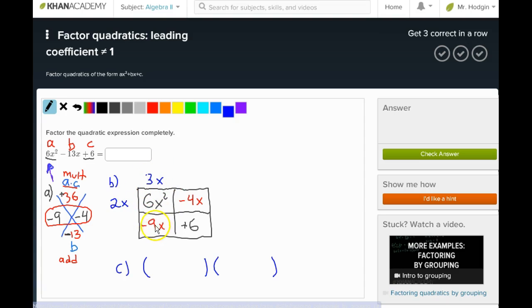So now we can do what's the biggest number that 9 and 6 have in common. And you come up with 3. And also 3x times 3 almost equals negative 9, so I need to make this a negative 3 to make it true. So that's why I check everything to make sure it's accurate. So 3x times negative 3 is negative 9x.